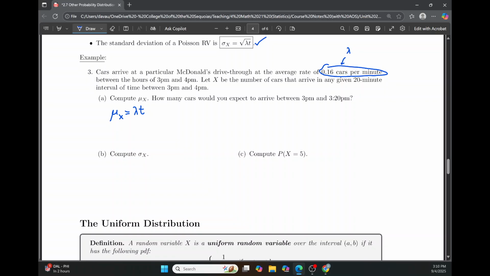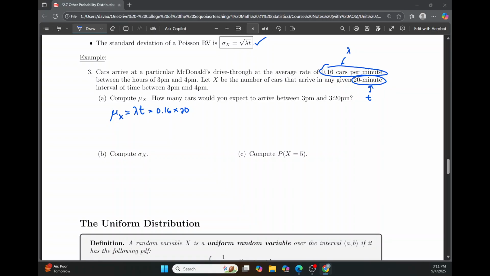T is the period of time that we're interested in. In this case, we're interested in 20-minute intervals, so that's going to be t. So the mean is lambda times t. That's going to be 0.16 times 20.